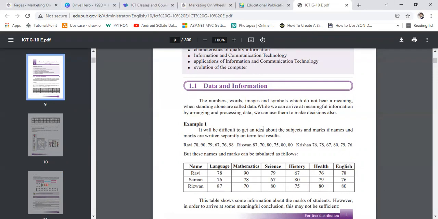When it has no meaning, it's data. Simple as that. Information, on the other hand, has meaning. That's the very important difference between data and information.